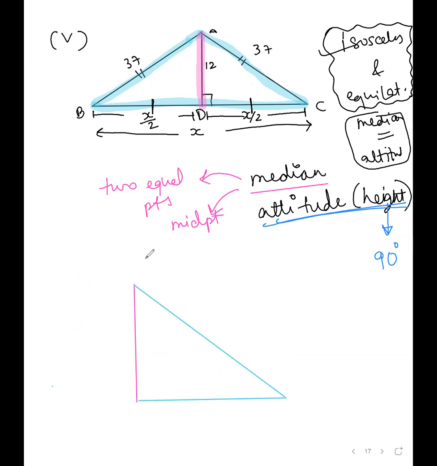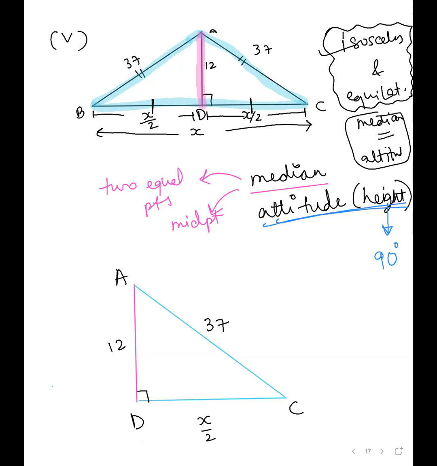This is your A, D, C. This is your 90 degrees. This much length is x by 2. This much length is 37. This much length is 12. समझ में आया यहाँ तक? बच्चा, is it clear?